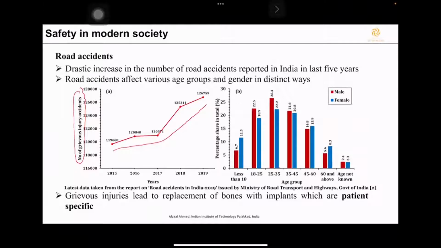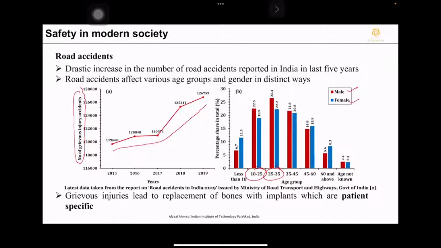In the age groups of 18 to 25 and 25 to 35, there is a high chance of people meeting an accident on the road, which is very obvious, because this is the young age of students going to tuition centers or coaching, or people going for their jobs, so they are mostly on the road.